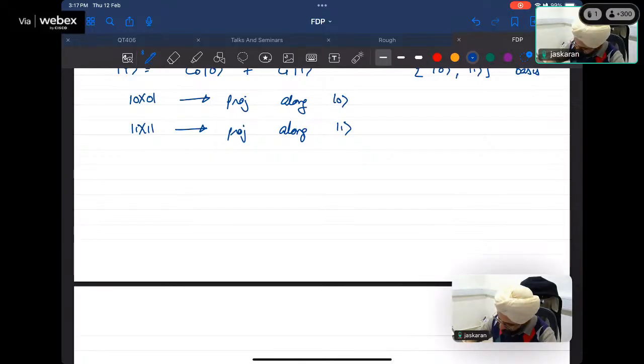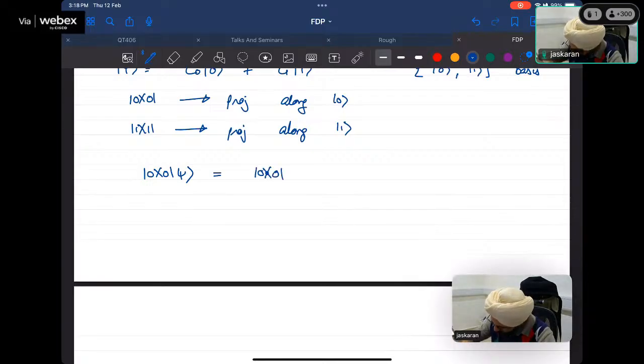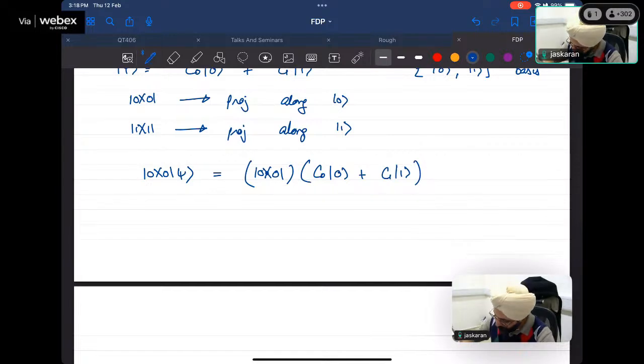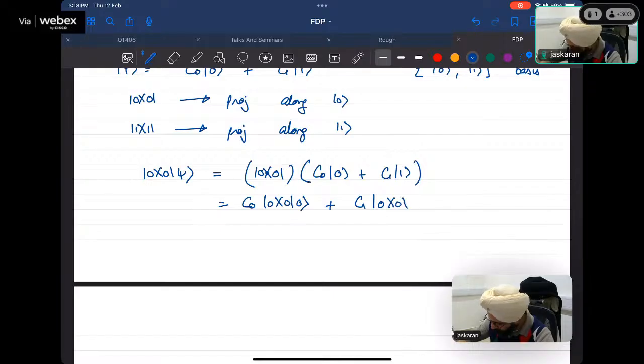So let's first look at projecting |ψ⟩ along |0⟩, that is, |0⟩⟨0|ψ⟩. What will this give us? It gives C0|0⟩⟨0|0⟩ plus C1|0⟩⟨0|1⟩.